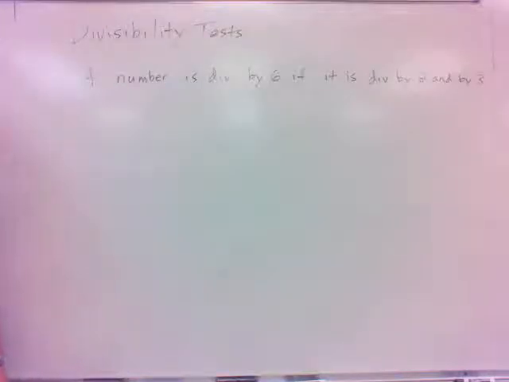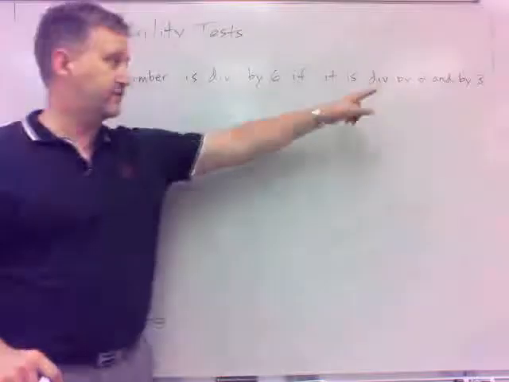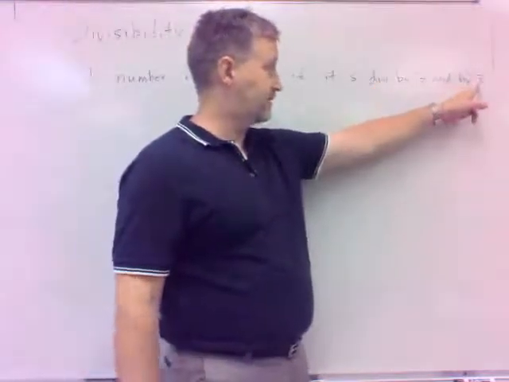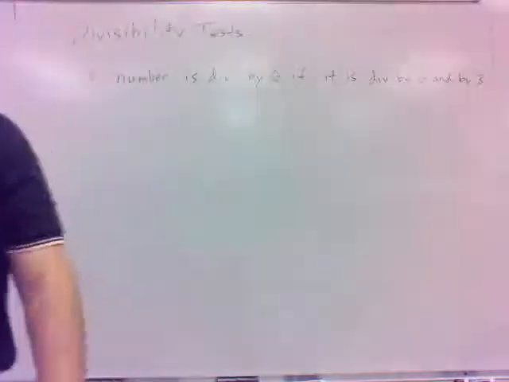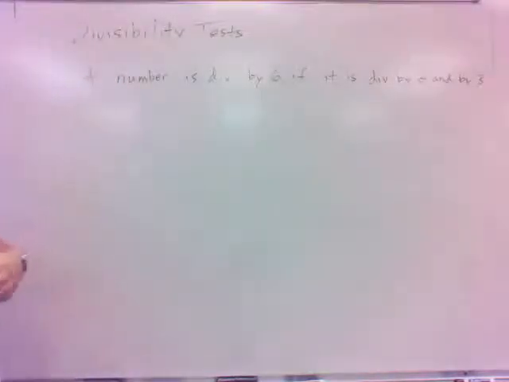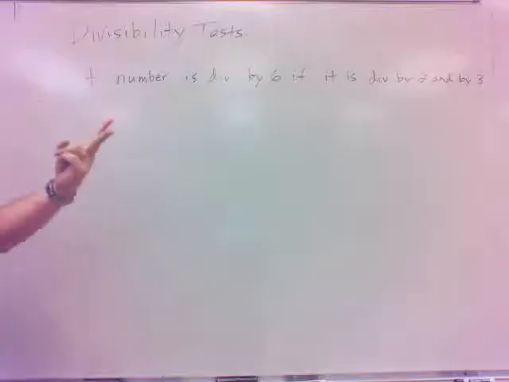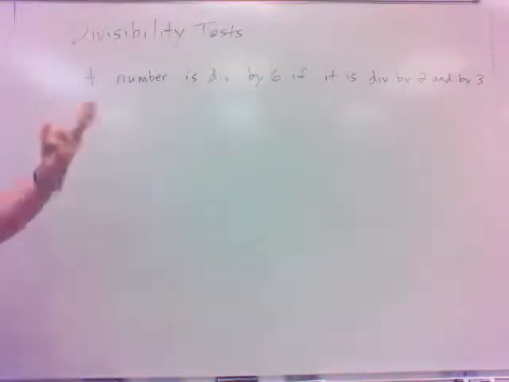If it's even, it's divisible by 2. And if the sum of the digits is divisible by 3, then it's divisible by 6. You work off of those 2 tests. So it has to be even, but it also has to be divisible by 3, so the sum of the digits also has to be divisible by 3 by the test. Okay? Now, why would you use 2 and 3? Well, 6 is 2 times 3, right? So that's why it works for 6.